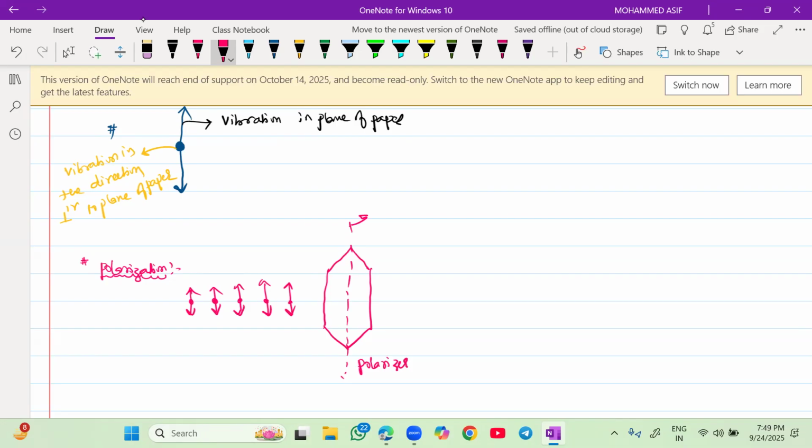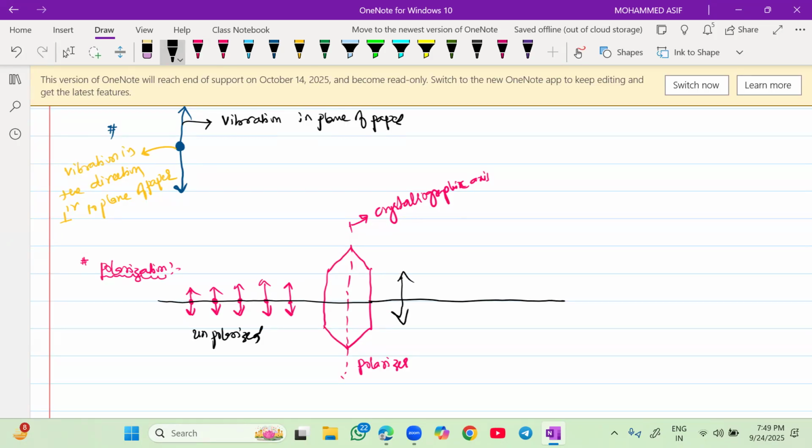This axis is called the crystallographic axis. Now see, when unpolarized light, which is an arrow mark right now, is passing like this, the moment it passes through the polarizer, we get an output only with the arrow mark, but no dots.